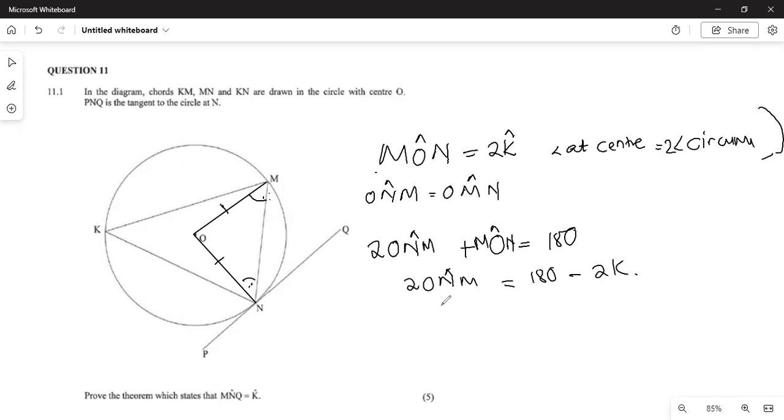We'll divide both sides by 2 and get 90 minus K.